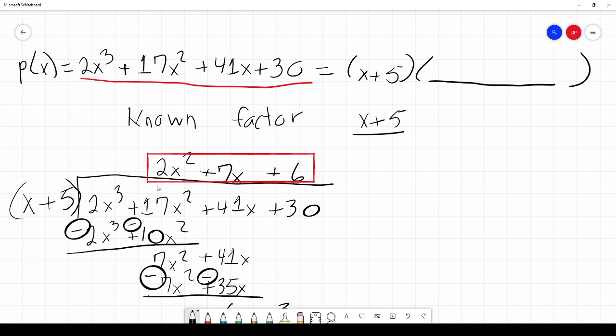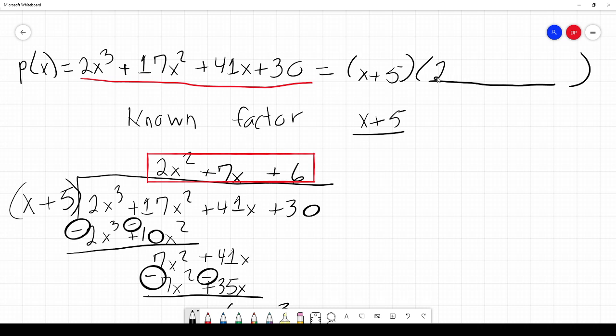Okay, because remember, dividing is the inverse of multiplication. This is like my answer, and I'm factoring it. I knew one factor was this. I needed to find my other factor. So the way that I do that would be to use division. So we divided by x plus 5, we got a remainder of 0, and this is what's left over.